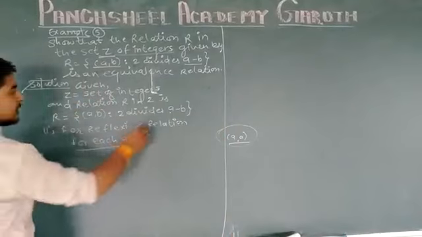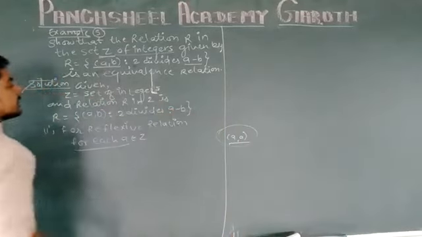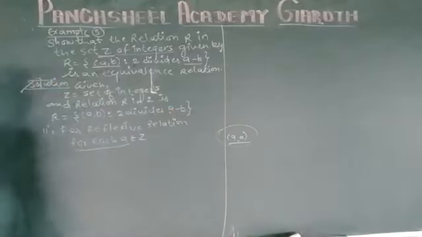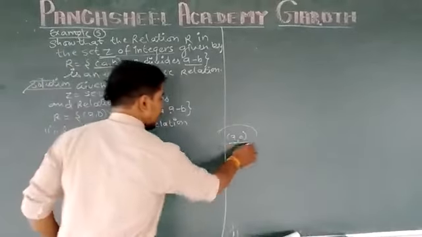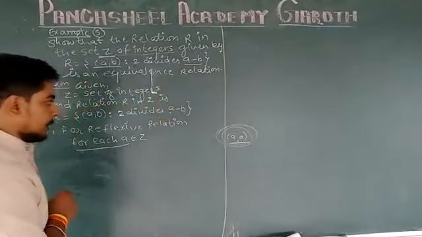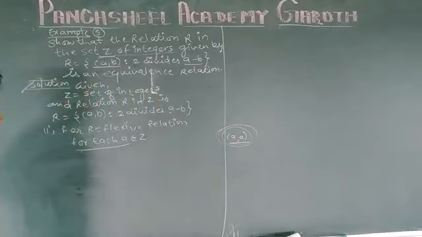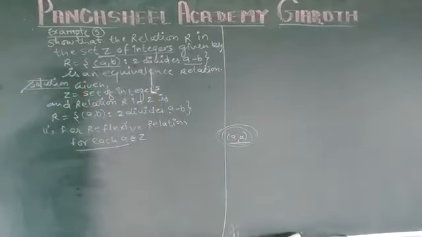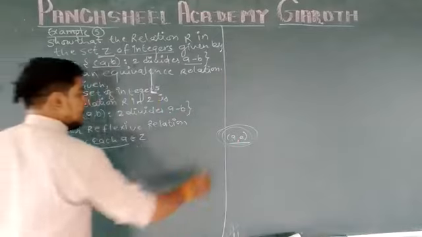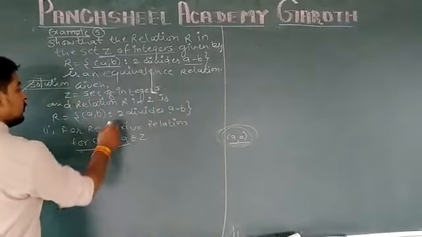We know the relation is the difference of both numbers. Suppose an ordered pair of the same element, then it must follow this relation.